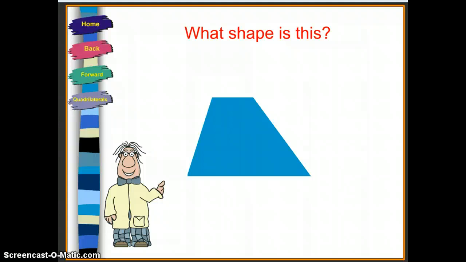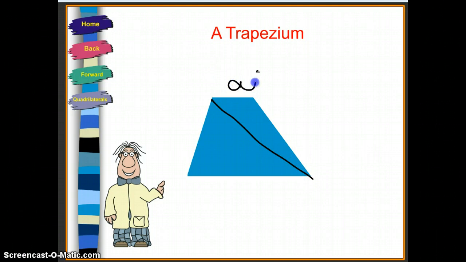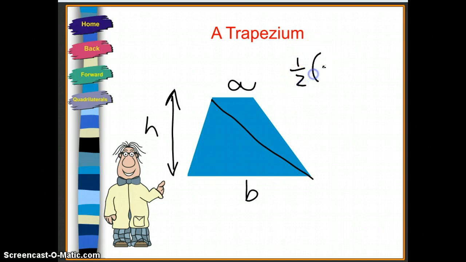This shape here we also touched on with its name of trapezium, and we just considered it to be 2 triangles, one with a base of A, one with a base of B, and this height being the vertical height, so not the slanty height. And the area of that was a half A plus B times H.